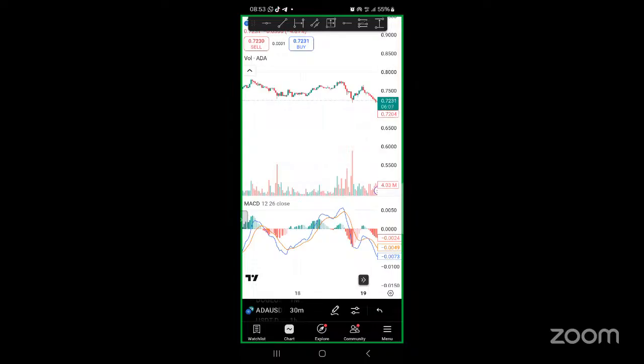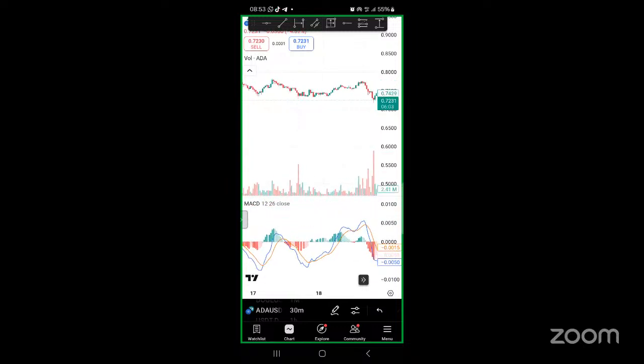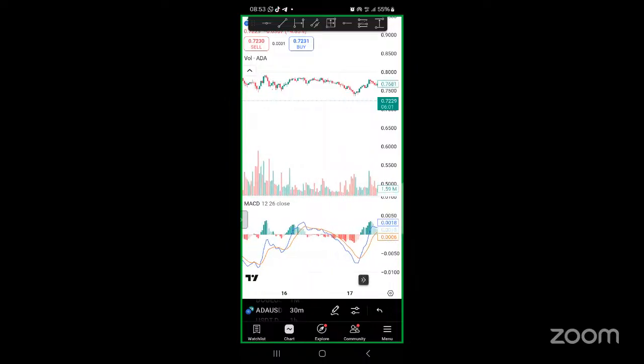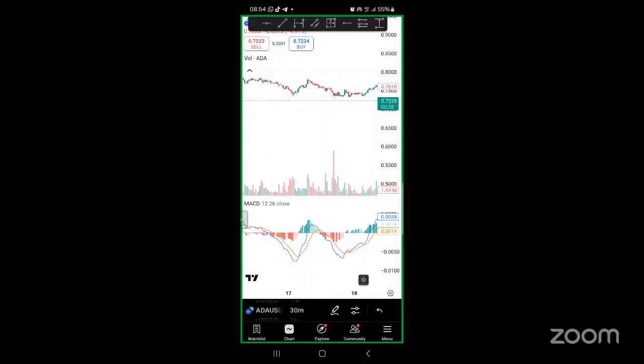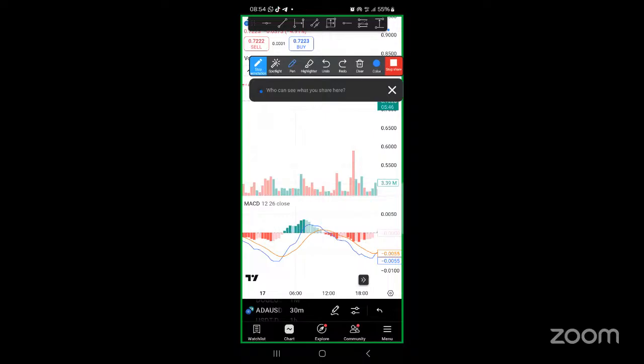Do you copy? The first feature is those two moving lines.